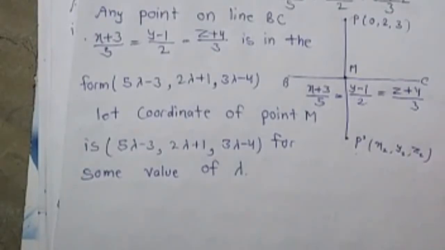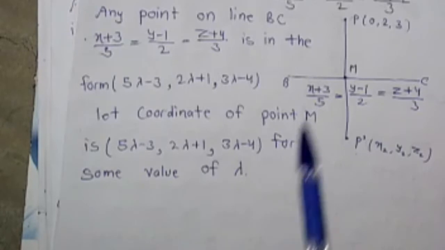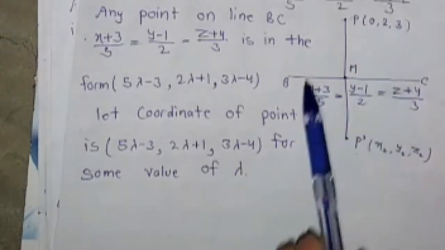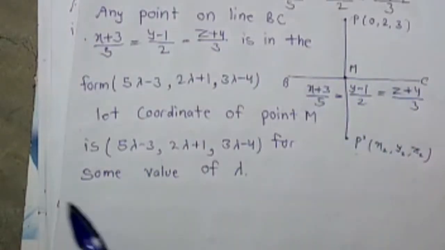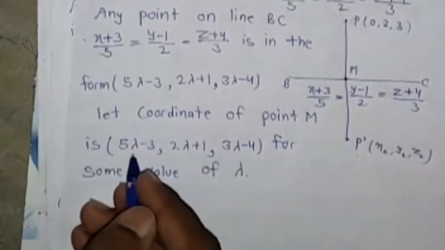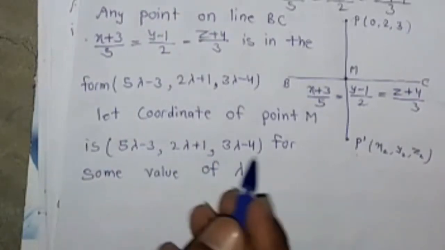Now find the direction ratio of PM. Direction ratio of PM is given by the direction ratio of the line joining two points (x1, y1, z1) and (x2, y2, z2). The first point is (0, 2, 3), and the second point is the coordinate of M, which is (x2, y2, z2).